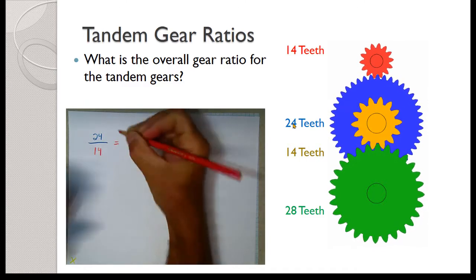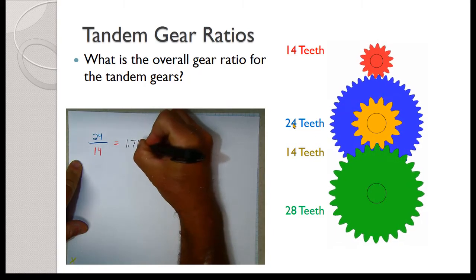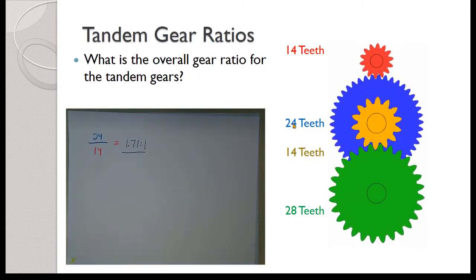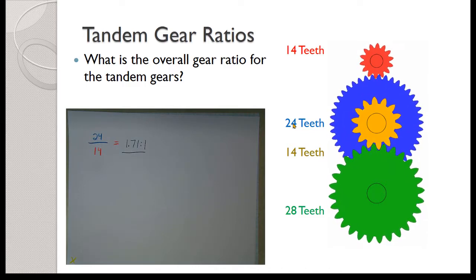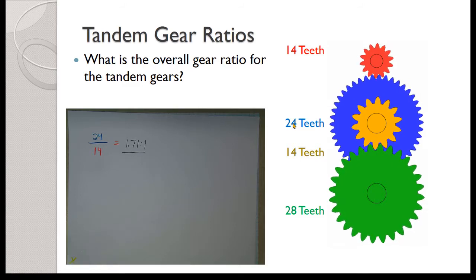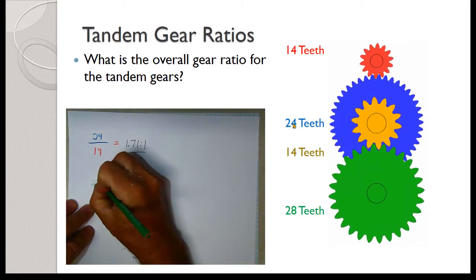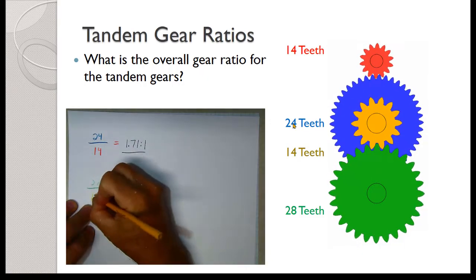And that gear ratio turns out to be 1.71 to 1. But the blue gear, which is directly attached to the yellow, then turns the green. So in our second gear transfer, we have driven of 28 being turned by a drive gear of 14.